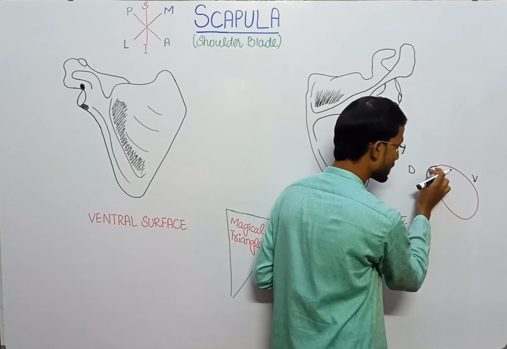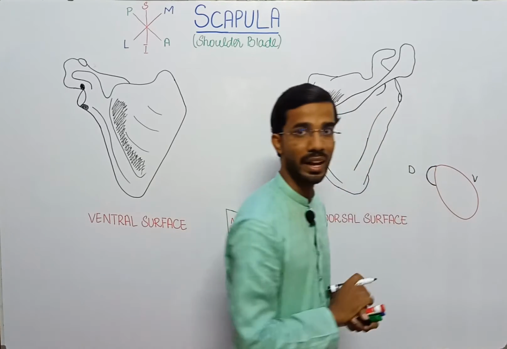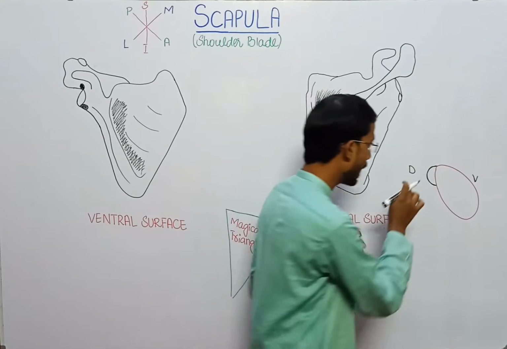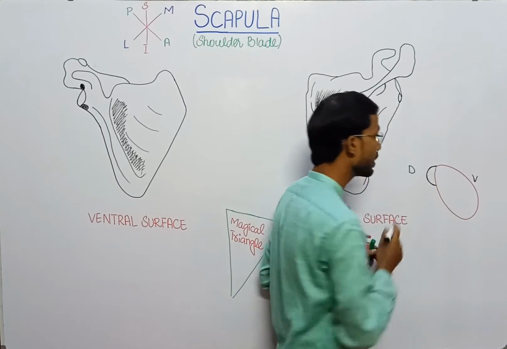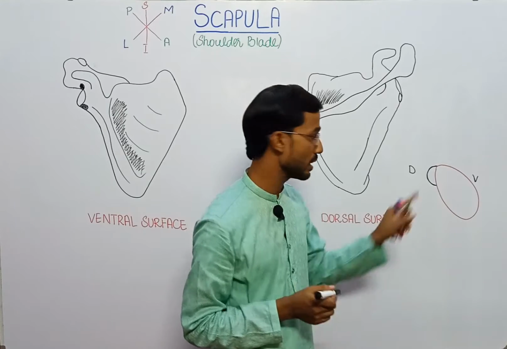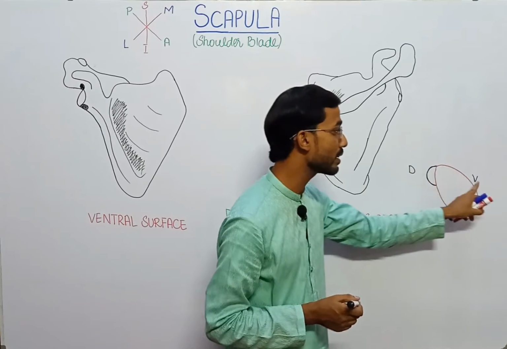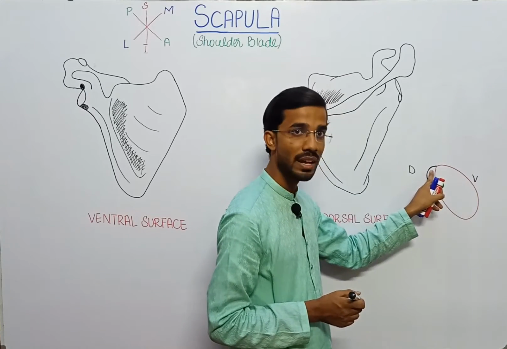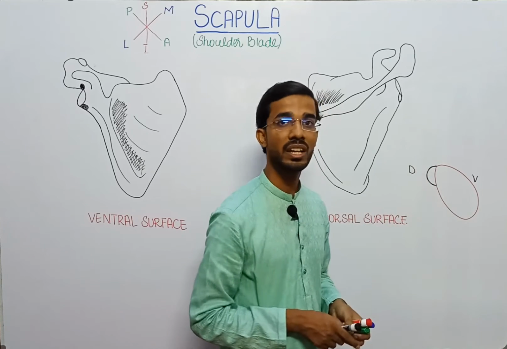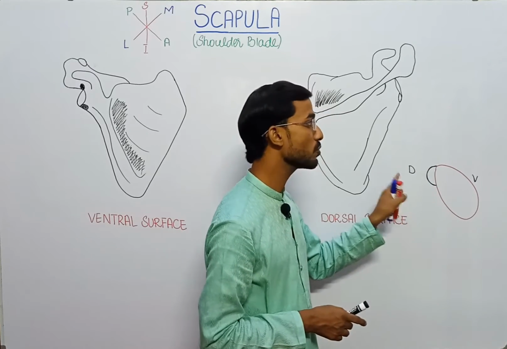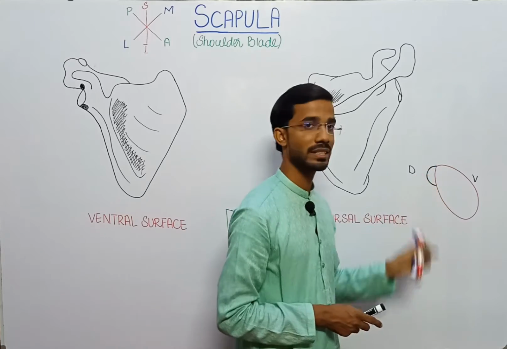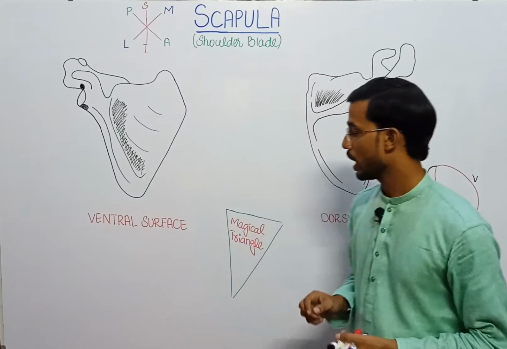The ventral surface is concave, cave-like, and the dorsal surface is convex-like. So we say the ventral surface is concave and the dorsal surface is convex. This is why we call them convex and concave.